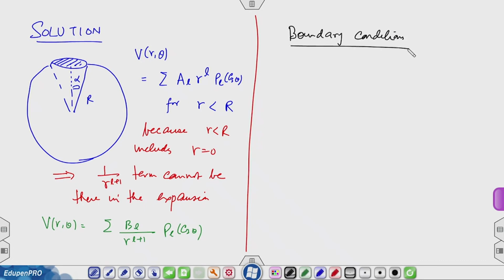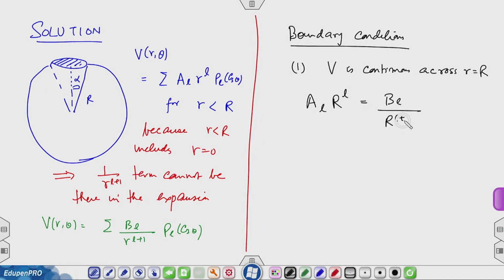What are the boundary conditions? Number 1, V is continuous across r equals R, and therefore, I am going to have A L R raised to L equals B L over R raised to L plus 1, or this implies B L equals A L R raised to 2L plus 1.